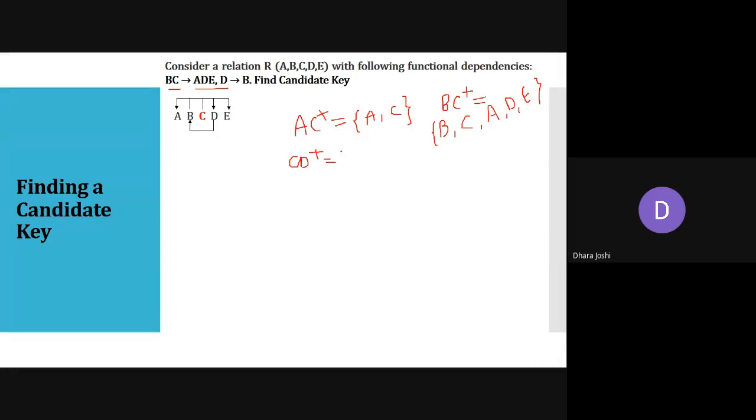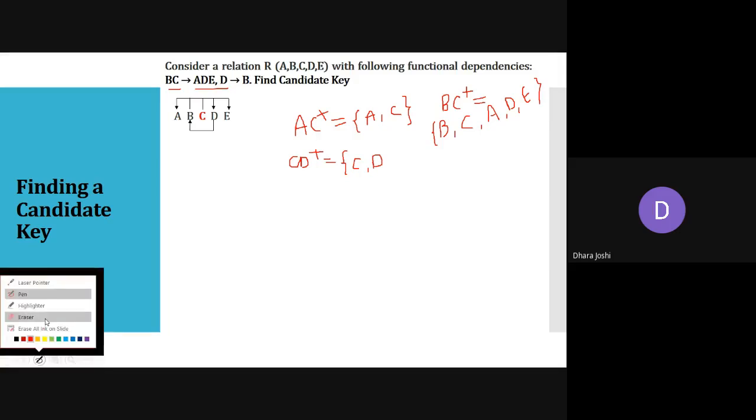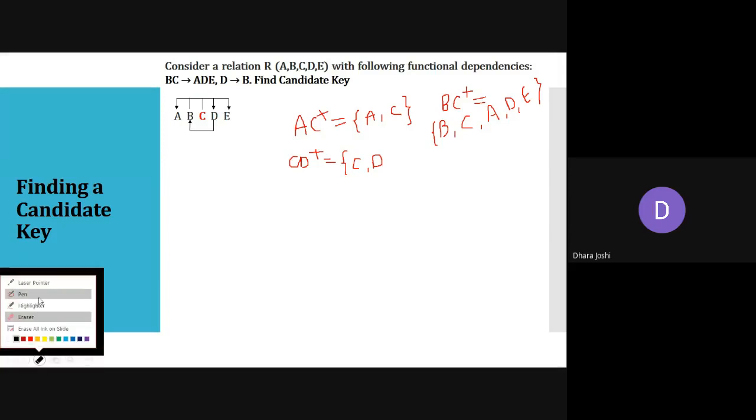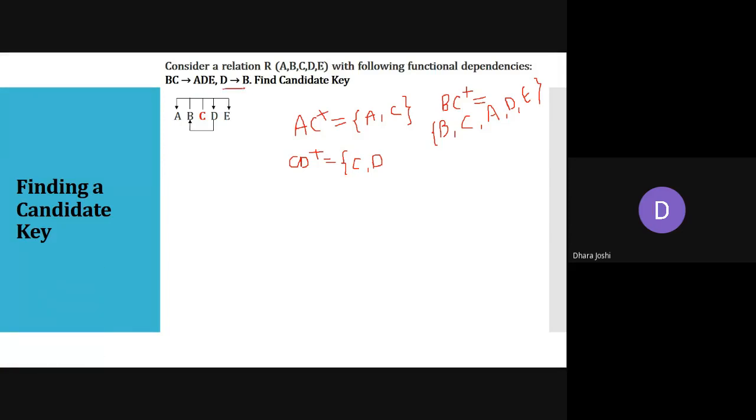If I want to find CD plus, then C and D must be a part of this. If I have the value of D, then I can get B from this functional dependency. Now in the resultant set, I have these three values.